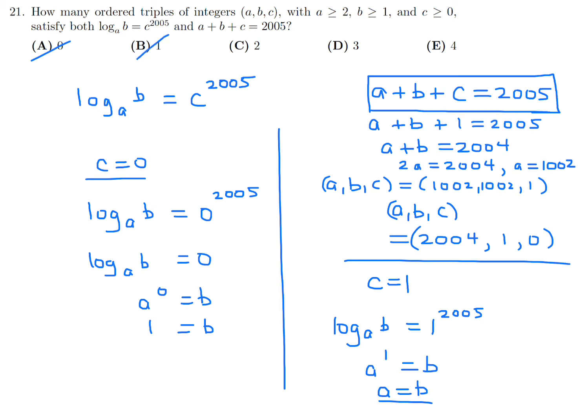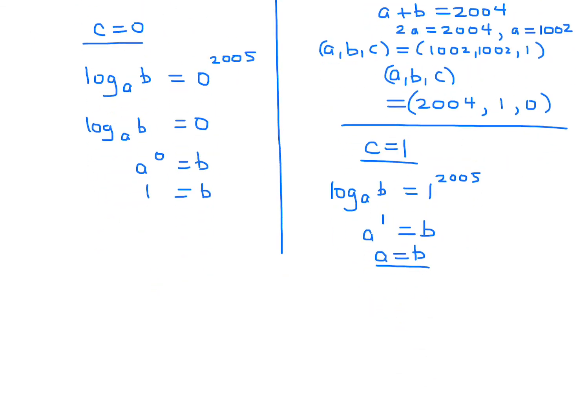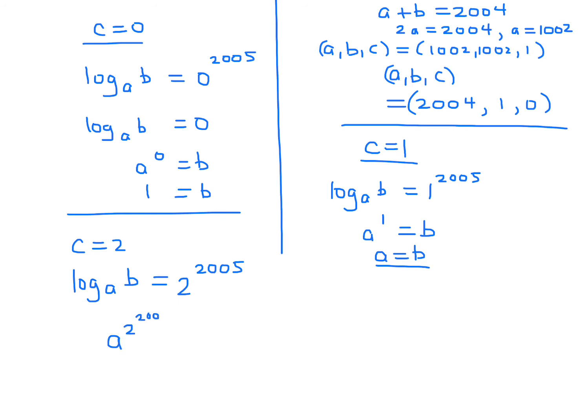So the answer obviously can't be 1 since I've got 2 so far. All right, let's keep going here. Let's try c equal to 2. If c is equal to 2, we have log of b to the base a equal to 2 to the power of 2005. So that means a to the power of 2 to the power of 2005 is equal to b. Well, that's going to be a very, very big number.